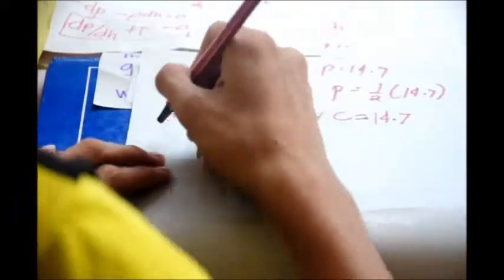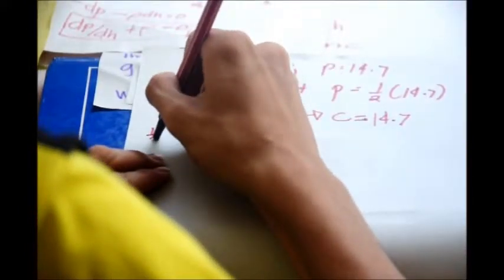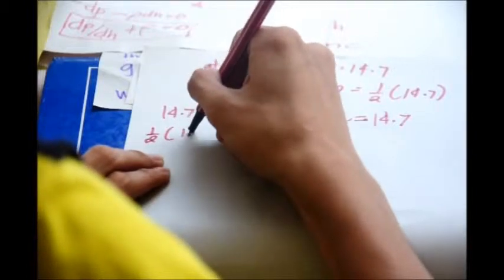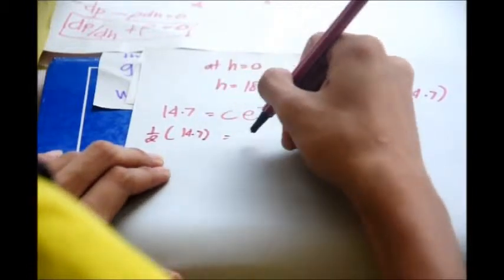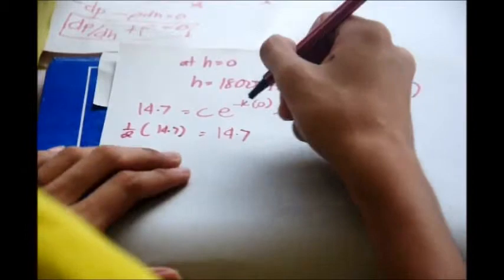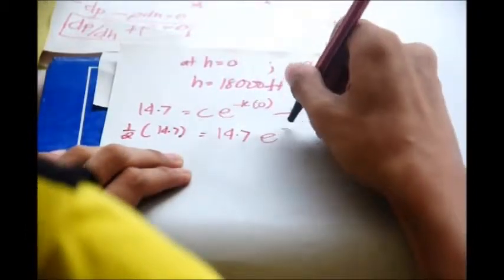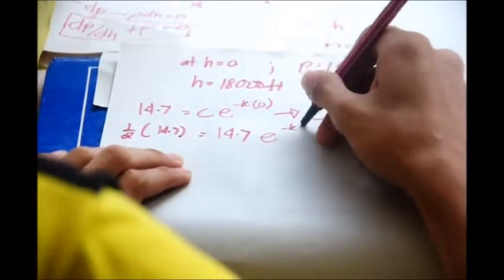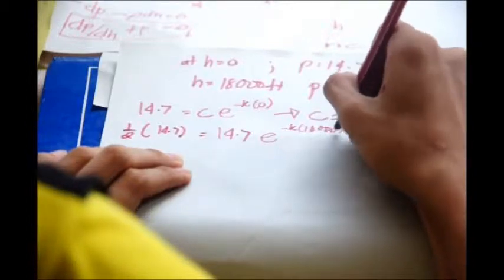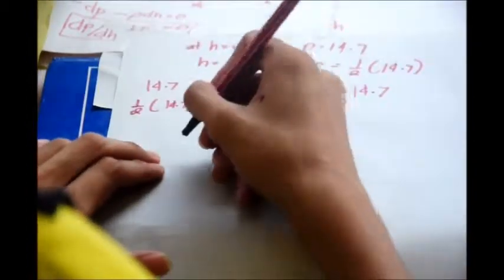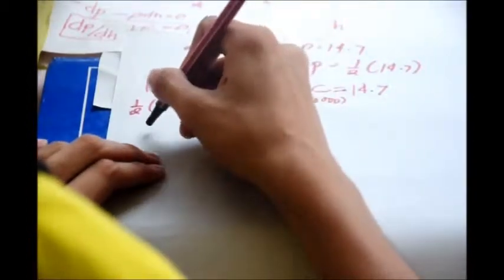and we get now that 1/2 of 14.7 equals 14.7 e to the negative 18,000k.